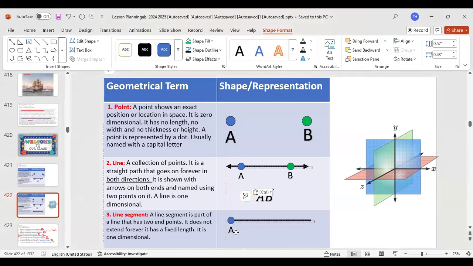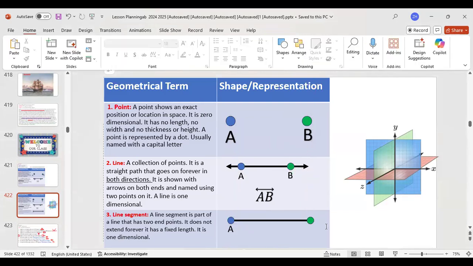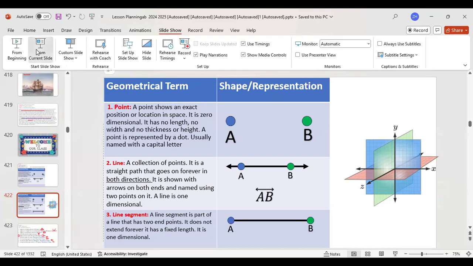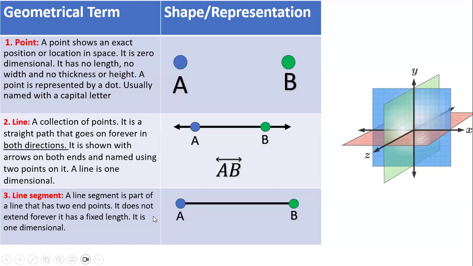So this is A and this is B. All right, so far so good. Okay, so A and B. So how do we represent a line segment?